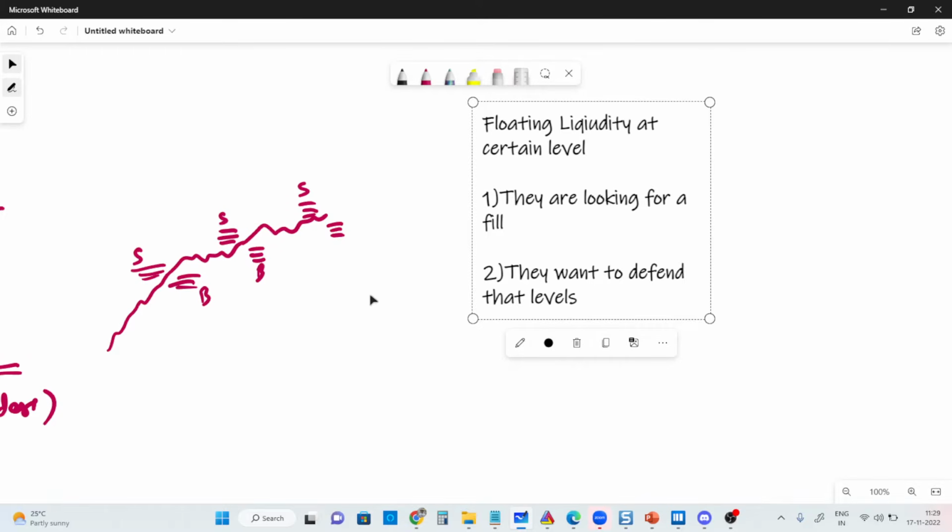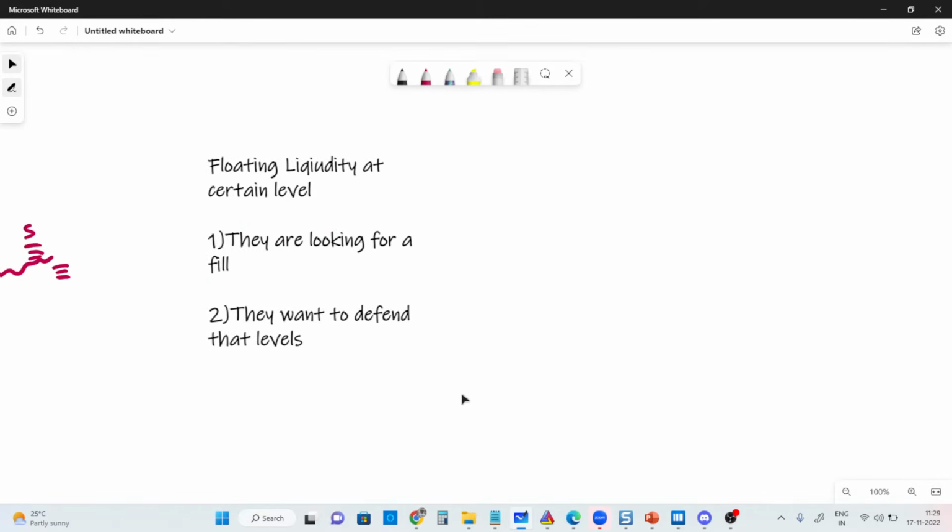For example, if the markets are having a strong liquidity zone over here, let's say this is a sell side liquidity. Sellers are providing limit orders, a lot of sell side liquidity. They are continuously floating the limit orders over here. Sell side liquidity, sell limit orders.